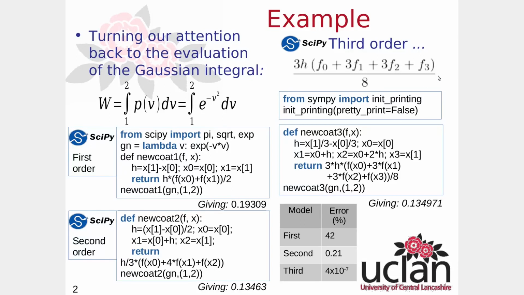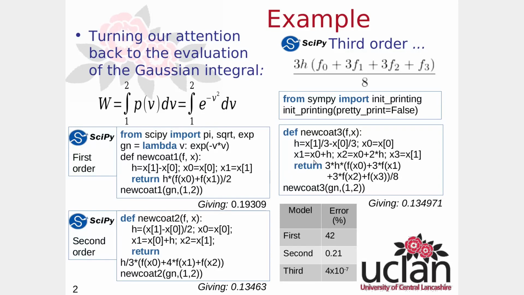Finally, moving on to the application of Simpson's 3/8 rule. Here again, rather than dividing by 2, we divide by 3: h is x1 minus x0 divided by 3. x0 is put equal to the first value, the lower value of the integral.